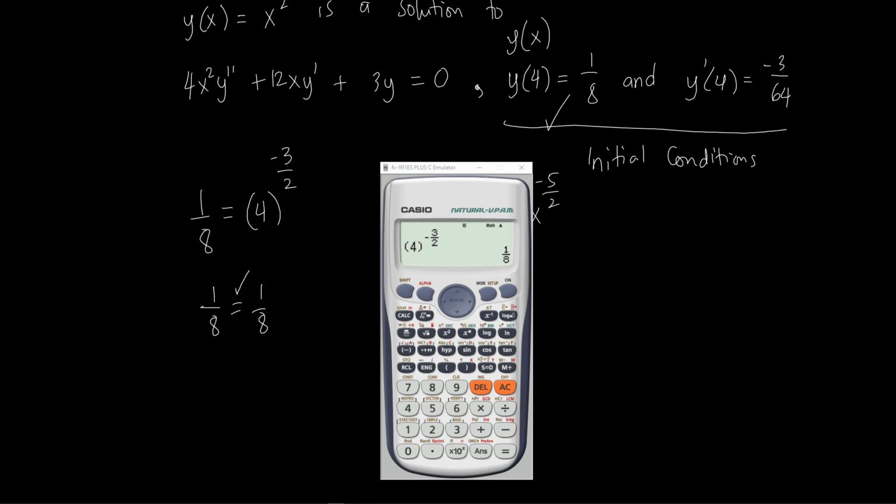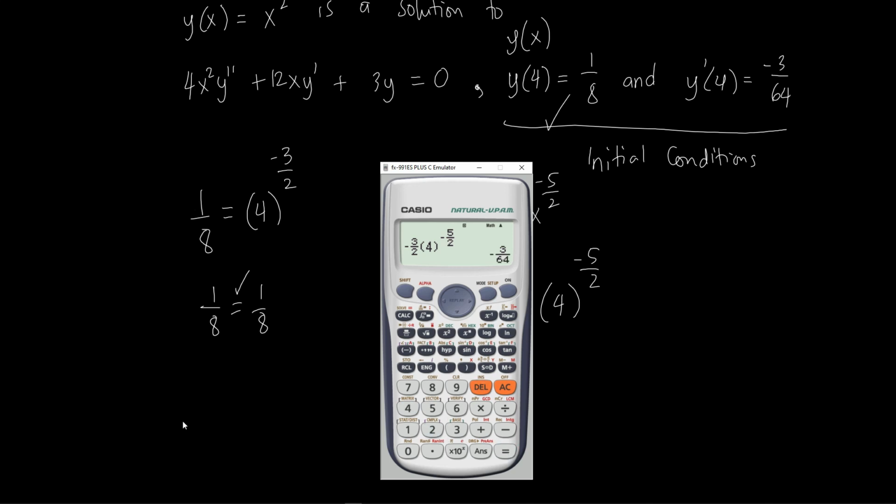So, we have yung y prime natin is negative 3 over 64 is equal to negative 3 halves, yung x natin is same pa din, 4 raised to the power of negative 5 over 2. Check natin if equal yan. We have negative 3 over 2 times 4 raised to the power of negative 5 over 2.